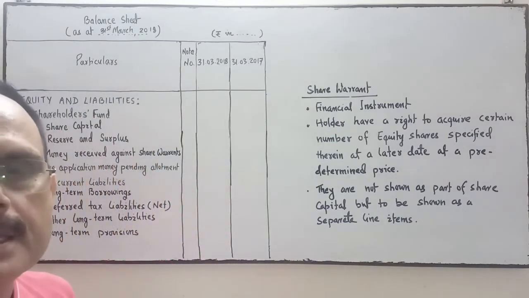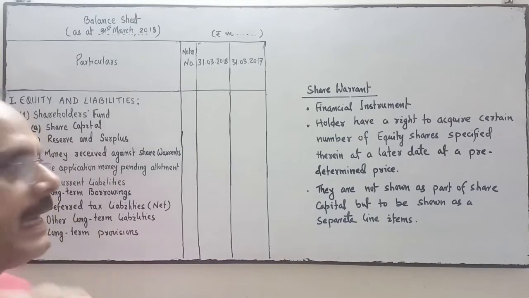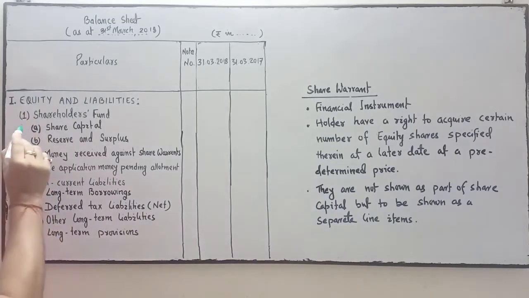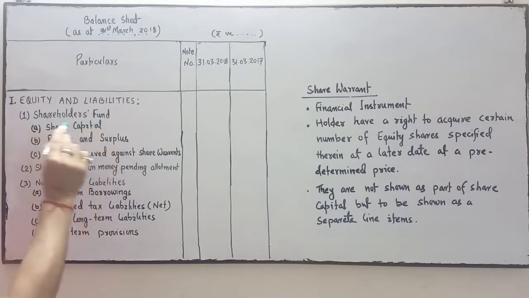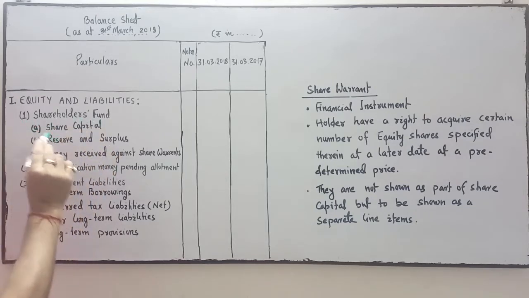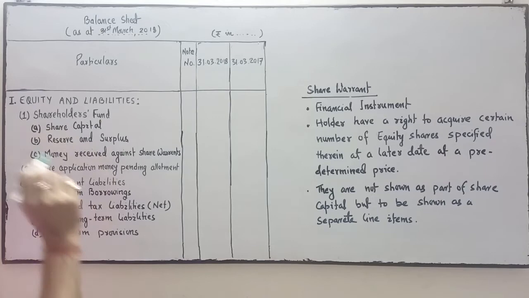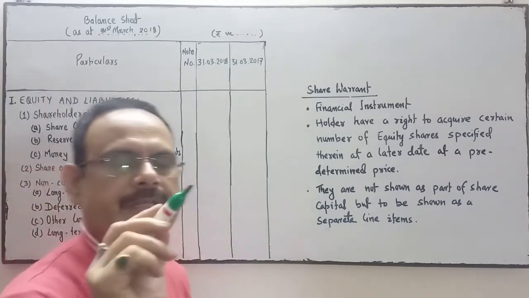Is it clear? Money received against share warrant. These three things come under the shareholders fund: share capital, reserve and surplus, money received against share warrants.